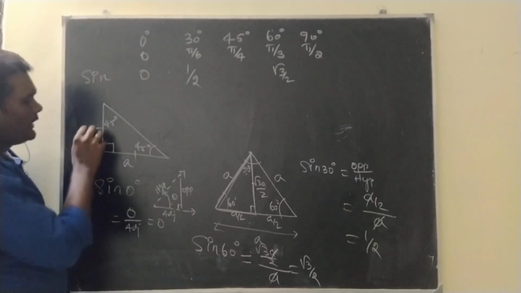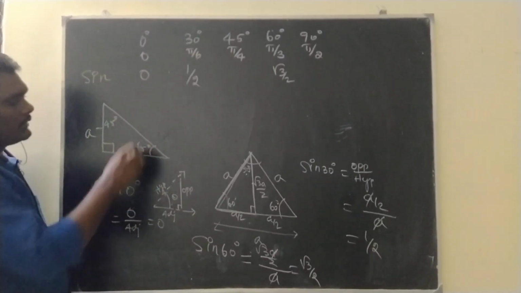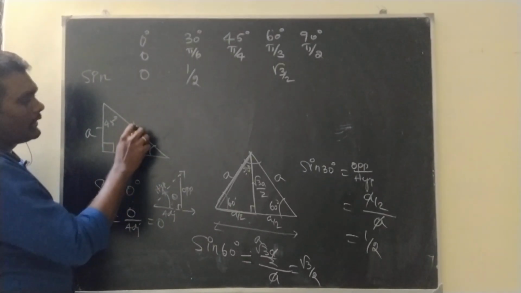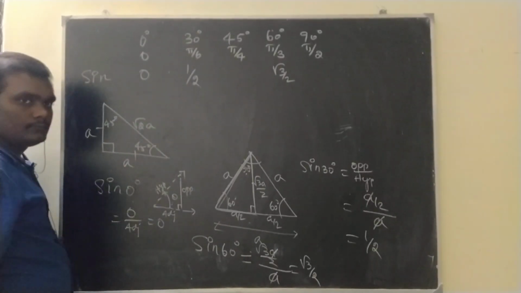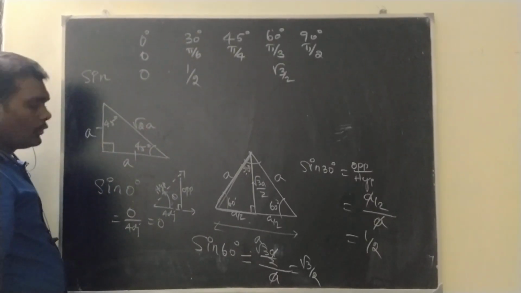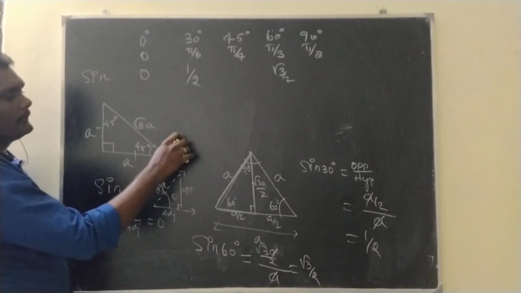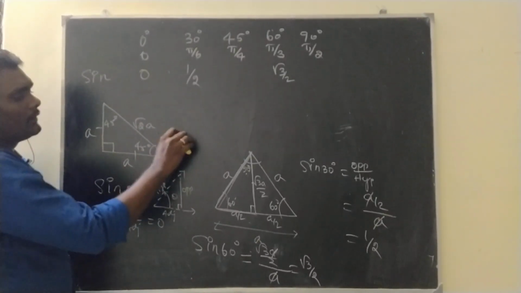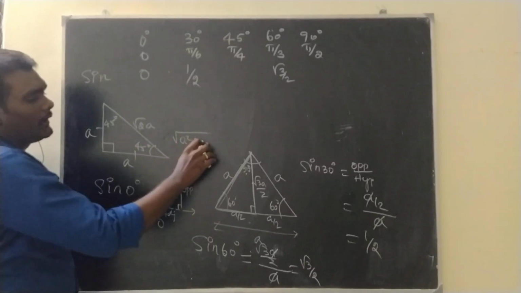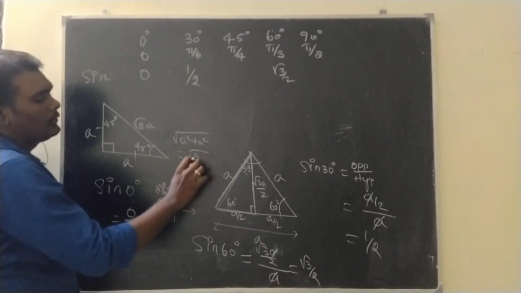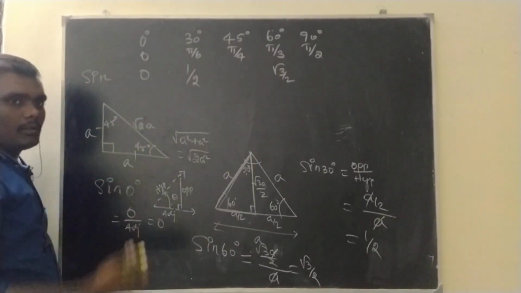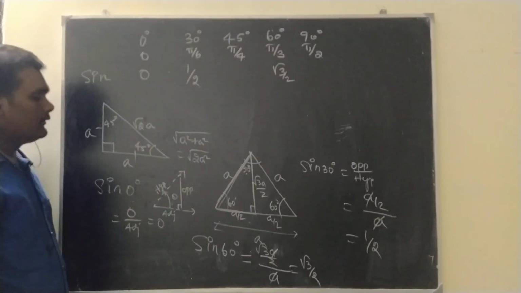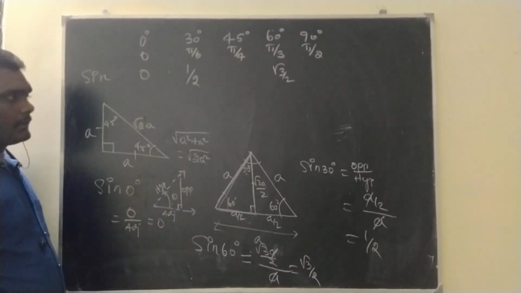Isosceles means this side is also A, this side is also A. Then this side, by using Pythagoras theorem, we can find is root 2 a. Why is it so? The hypotenuse is equal to the square root of the sum of the squares of the sides: a square plus a square gives 2a square, and this a will come out. The 2 stays inside the root. That is the value of this hypotenuse.